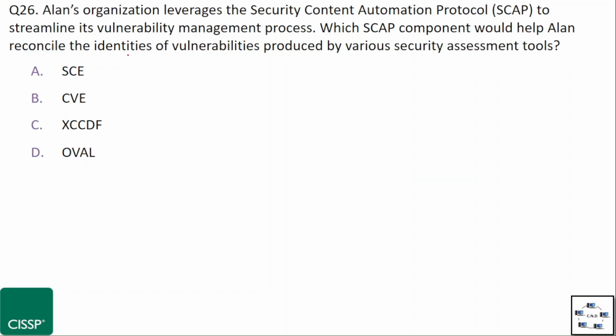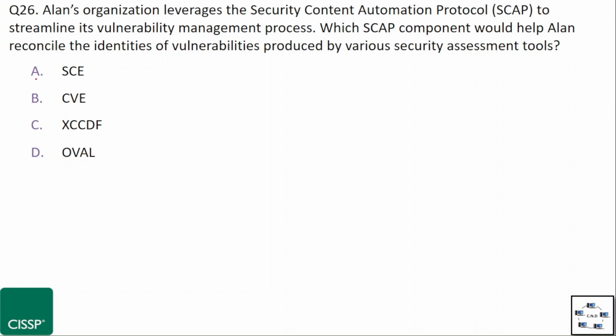Question number 26. Alan's organization leverages the Security Content Automation Protocol to streamline its vulnerability management process. Which SCAP component would help Alan reconcile the identities of vulnerabilities produced by various security assessment tools?